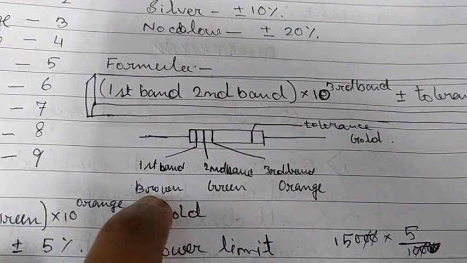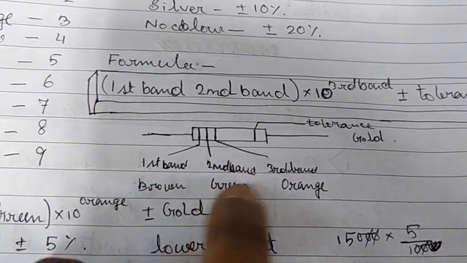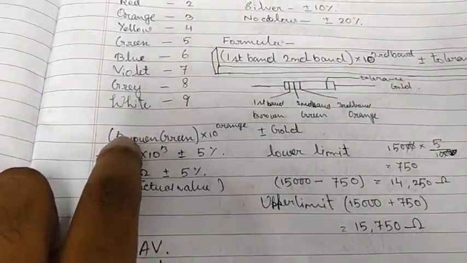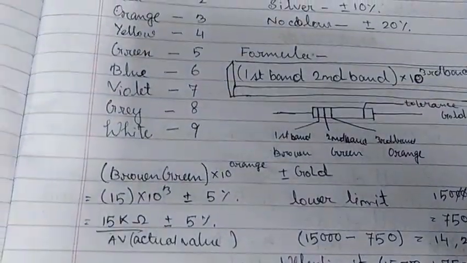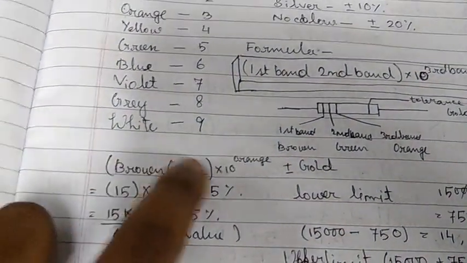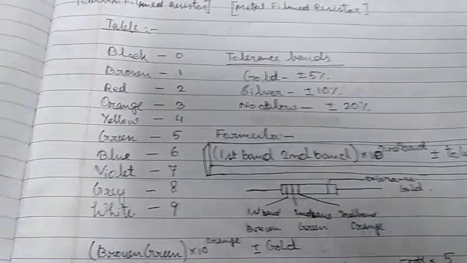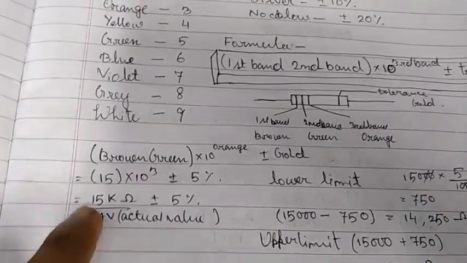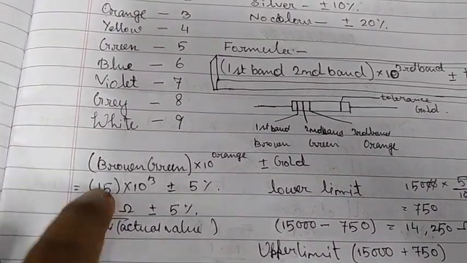Suppose your first 3 color bands are brown, green and orange. Now calculating these 3 color bands, we are getting brown, green into 10 to the power orange. Now brown and green, the code of brown is 1, the code of green is 5. So brown and green makes it 15.